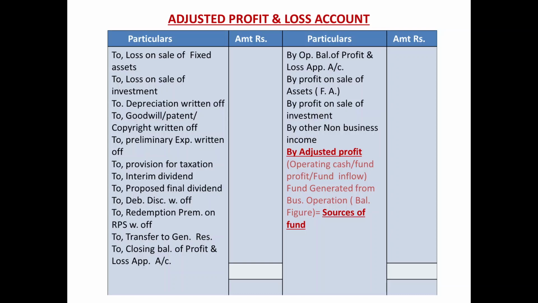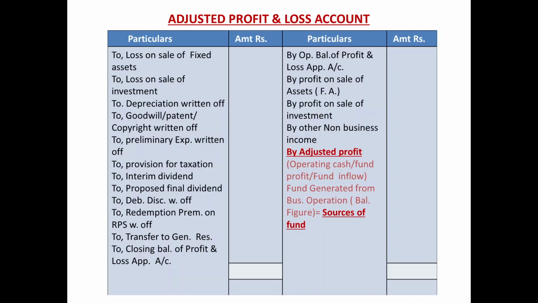On the right hand side or credit side, the opening balance of profit and loss appropriation account is the very first item. While on the left hand side or debit side, the last item which appears is the closing balance of profit and loss appropriation account. So by putting these two balances from the two balance sheets, you start this adjusted profit and loss account.